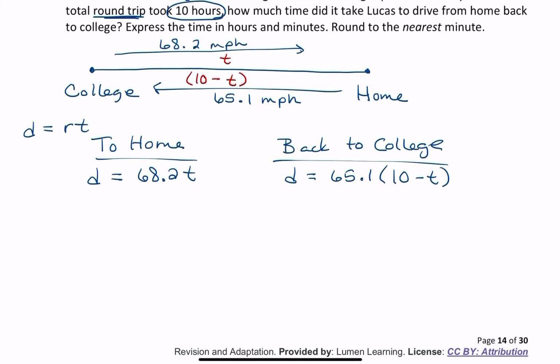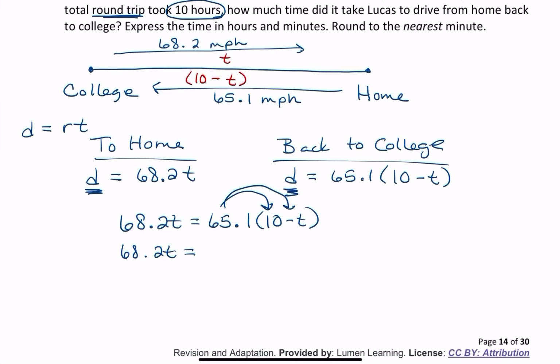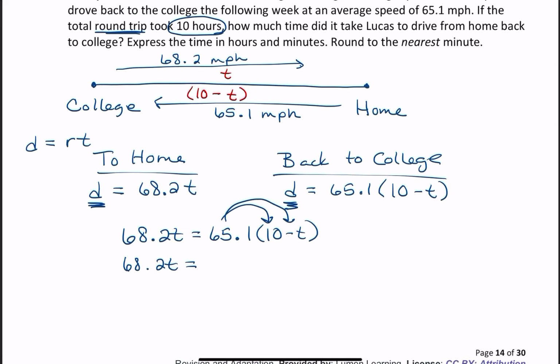Okay, now I need to solve for t. So I've got two equations that are my distance. We know the distance is the same from college to home, no matter which direction you go. So I'm going to set those equal to each other and solve for t. So here I've got 68.2t equals, I'm going to distribute the 65.1. So 65.1 times 10 will give me 651, and then minus 65.1t.